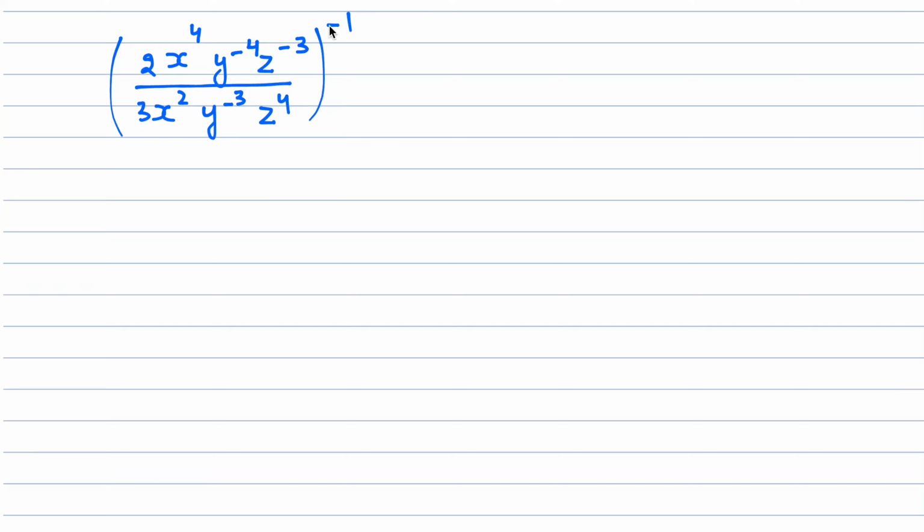If I need to make this positive, I need to reciprocate the whole thing. Reciprocation is like if 5, its reciprocal is 1 over 5. If it is 1 over 5, its reciprocal is 5. If it is 3 over 5, its reciprocal is 5 over 3. So if we have both numerator and denominator, they can interchange their places, right?